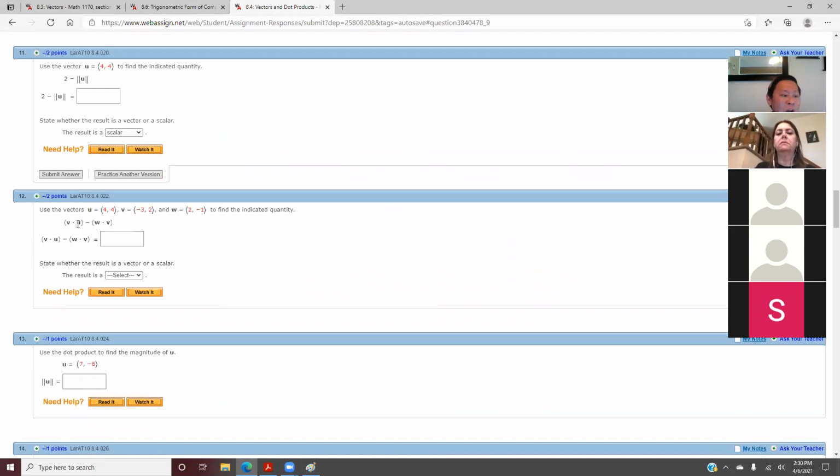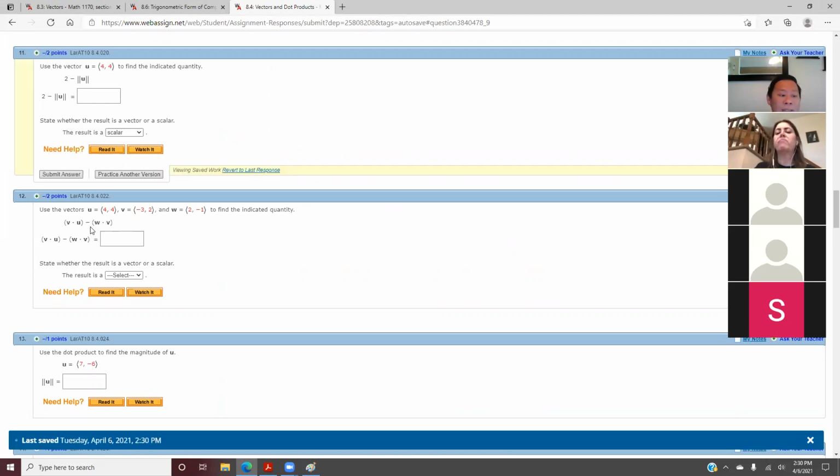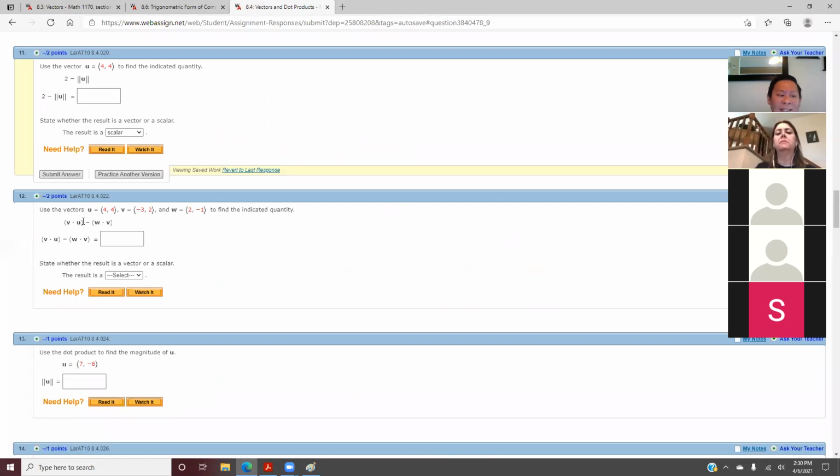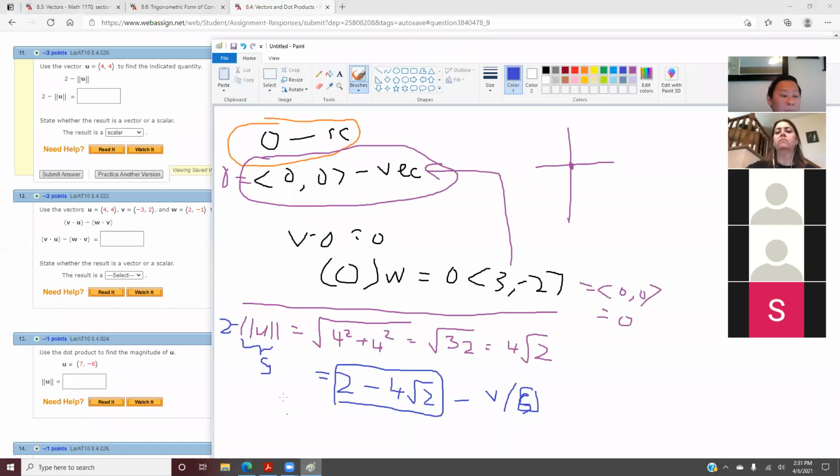This is the same thing. You dot this, and then you dot this, and then after that you subtract that. Okay. Can anyone tell me, when you dot these two, is that a vector or is that a scalar? A vector.